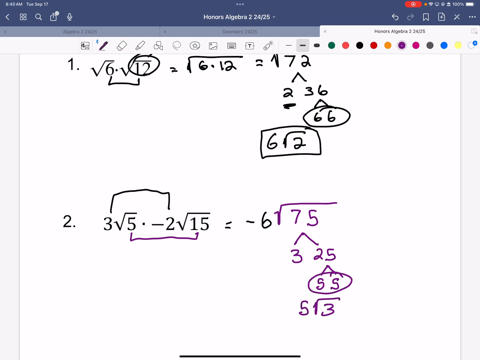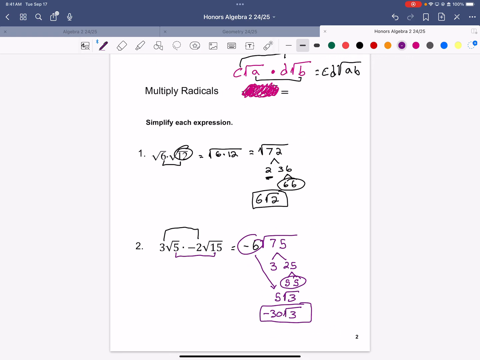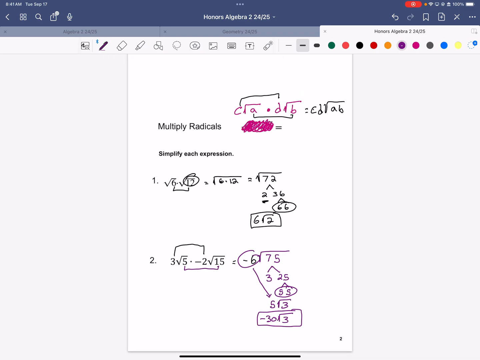That has partners, but I have this negative 6 out there, so I need to multiply negative 6 times 5, which is negative 30 radical 3. And that's your solution, your simplified form of 3 radical 5 times negative 2 radical 15. Multiply outside by what's on the outside, multiply inside what's on the inside or underneath, and then simplify as you go along when we multiply.